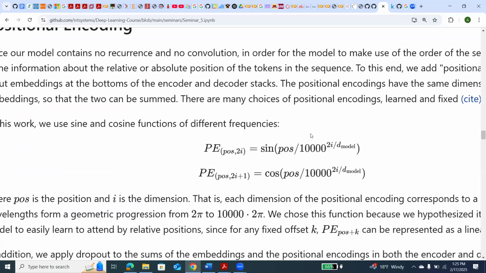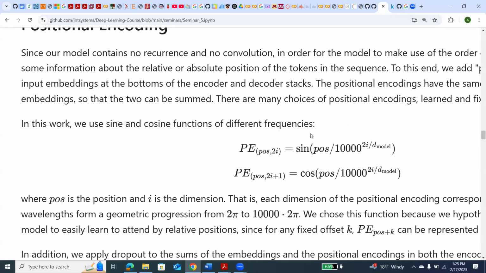In the original paper about transformers, they propose to use a vector of the same shape as the input embedding, but the coordinates of this vector were calculated by these formulas. So it's sine and cosine. For example, for the first and second, it's sine and cosine of position over 1, because i is 0, so it will be power 0.